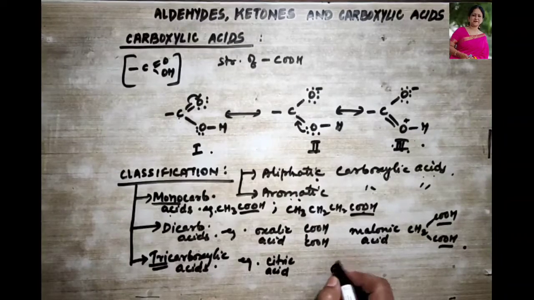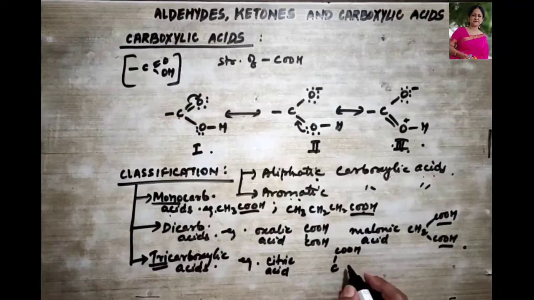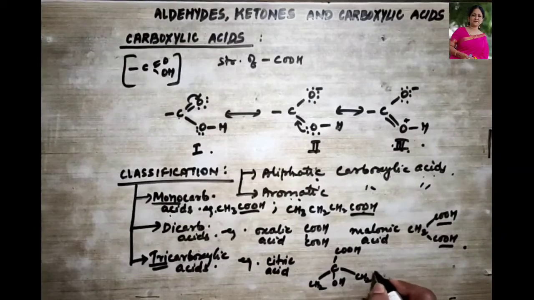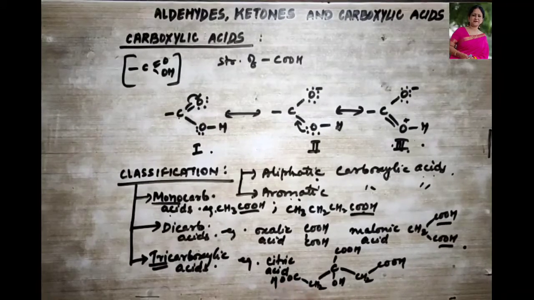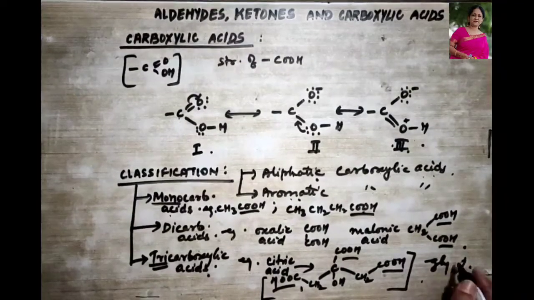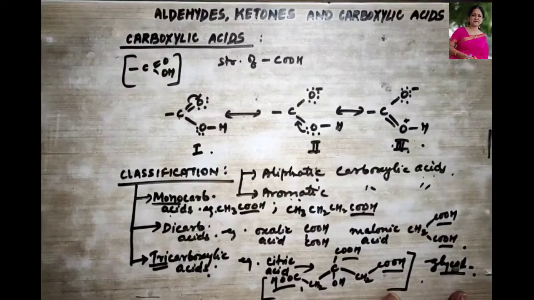COOH, then here it is OH, CH2, CH2, COOH, COOH. This is the formula of citric acid. You can see three carboxyl groups are present, so it is a tricarboxylic acid. Another example is glycol. So this was all about the classification.